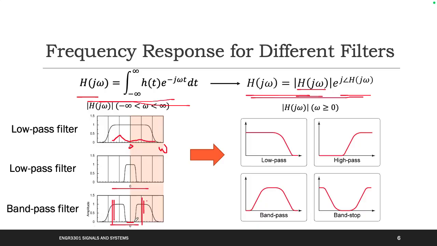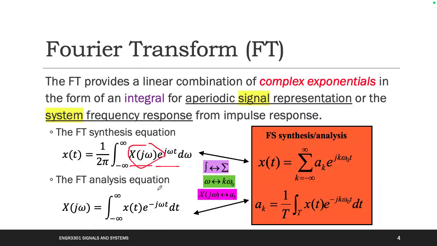Okay, and you can see here, this is a low pass filter. When we talk about filtering, you usually see these diagrams, am I right? This is the low pass filter because you only have the coefficient for this part.